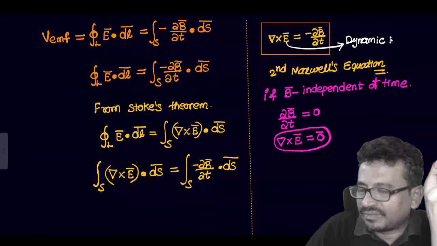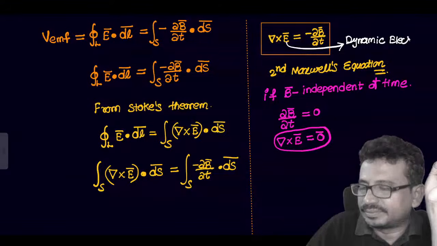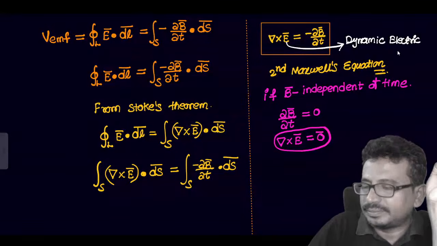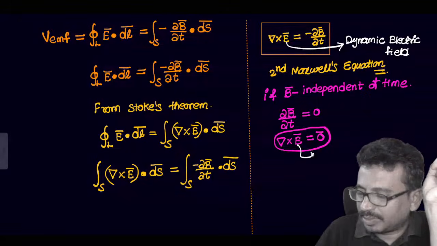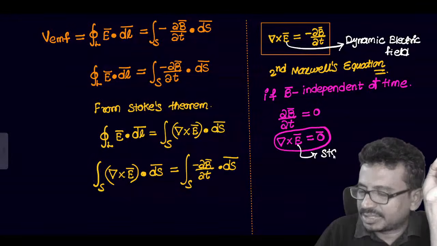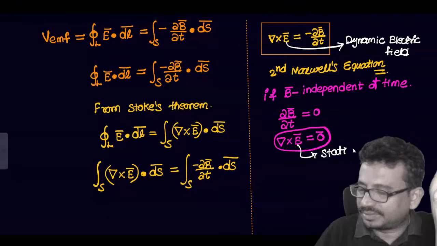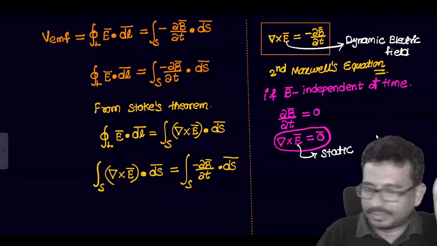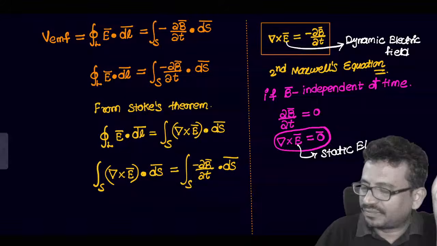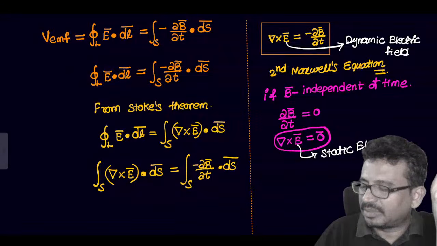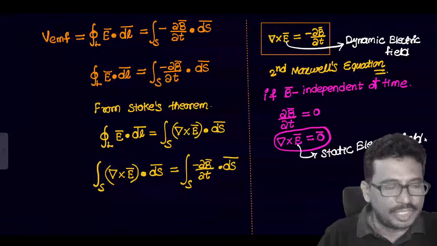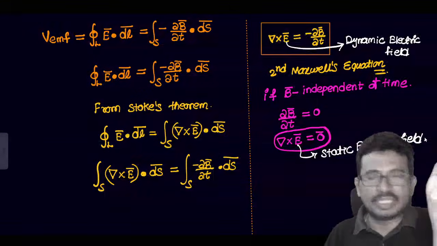Dynamic electric field. And this E is called what type of electric field? A static electric field. In the case of a dynamic electric field the curl is non-zero, but for a static electric field it is zero.